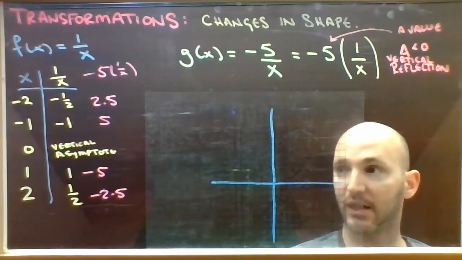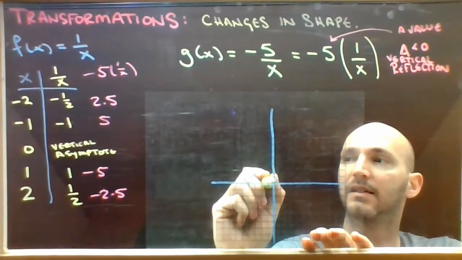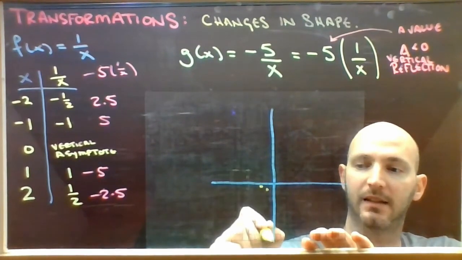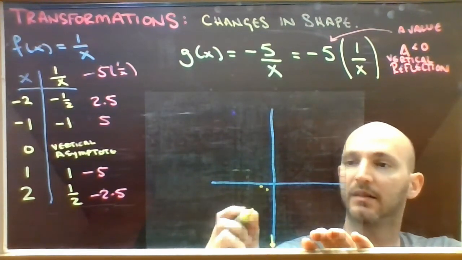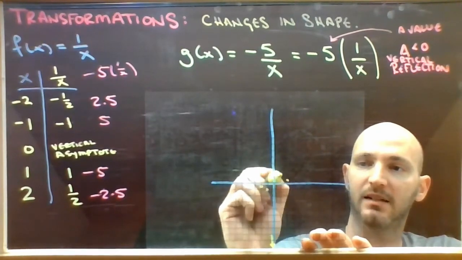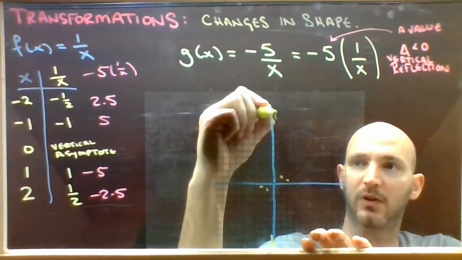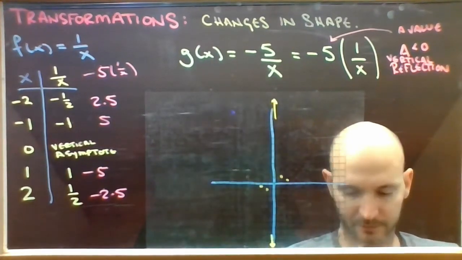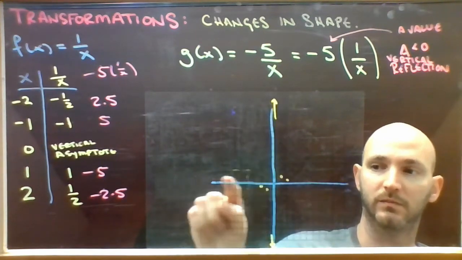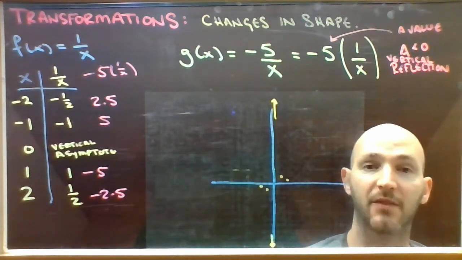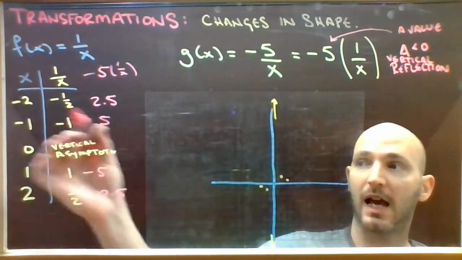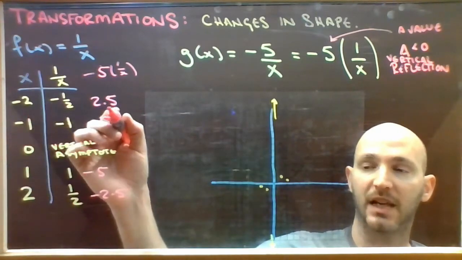So my dots used to be at -1/2, -1, and then a vertical asymptote this way. And it used to be 1/2 on this side, 1 on this side, and a vertical asymptote on that side. That was the basic pattern, and then you would do this. Now that I've applied this transformation with the vertical reflection, at -2, I should be at 2.5.